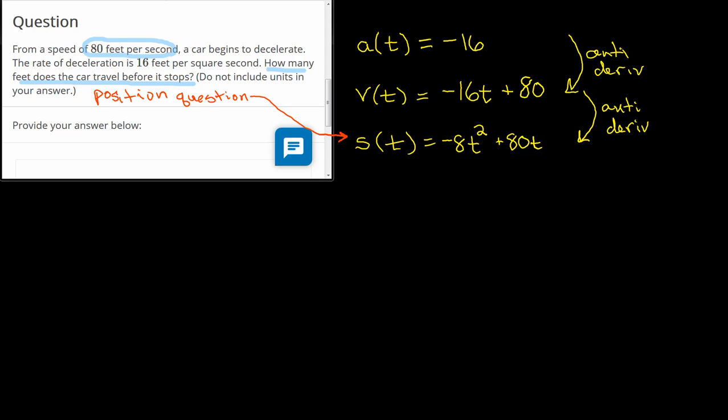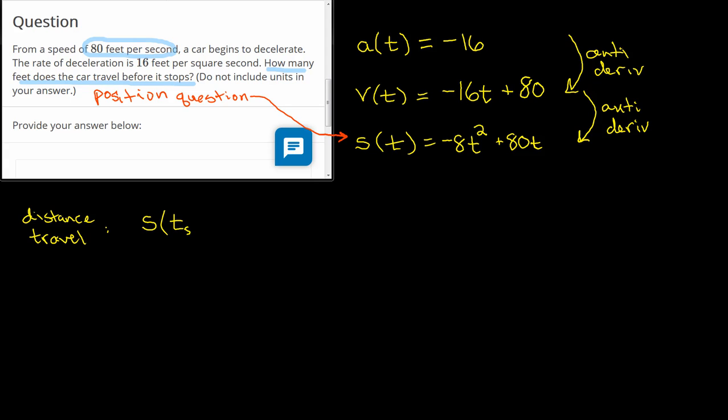Okay, so let me think here. The distance that the car is going to travel is going to be the position of where the car is when it stops.